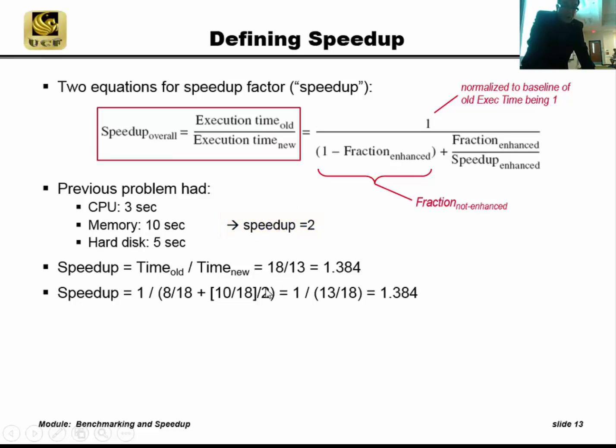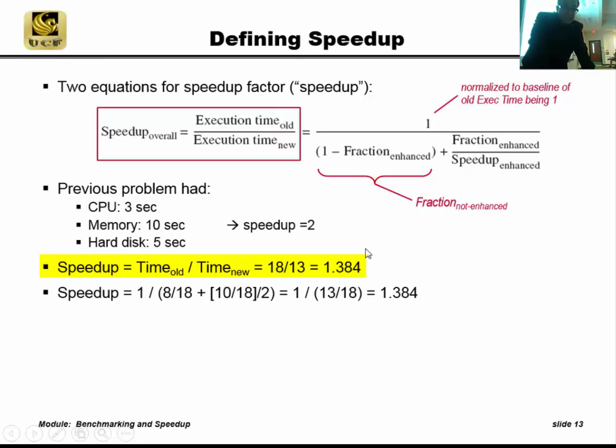So we said that memory was going to go twice as fast under this improved design. So we can say that the speedup, calculated here, we had the execution time 18 originally and 13. 3 plus 10 is 13, plus 5 is 18. The new time would be 3 plus 5 is 8, plus half of 10 is 5, or 13.